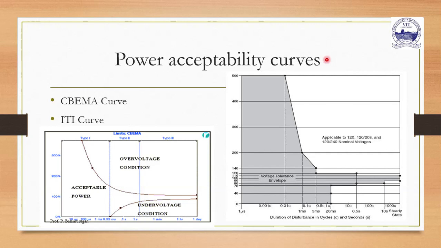So we have two curves which express the variation in the voltage magnitude as a function of time.